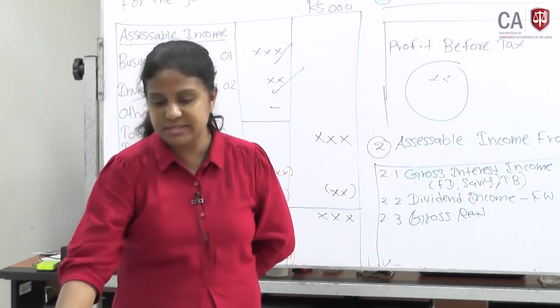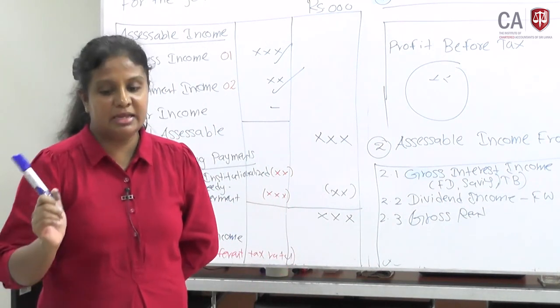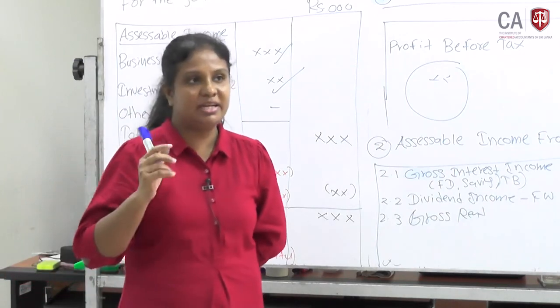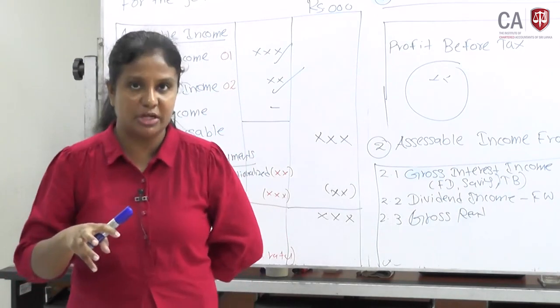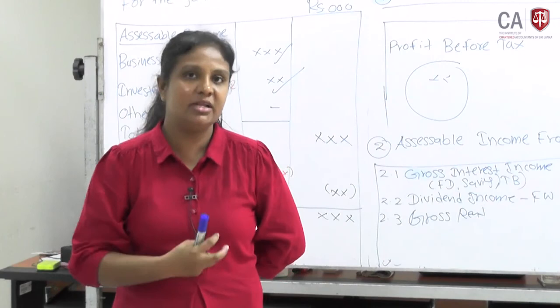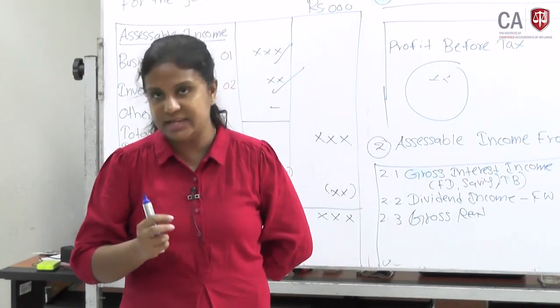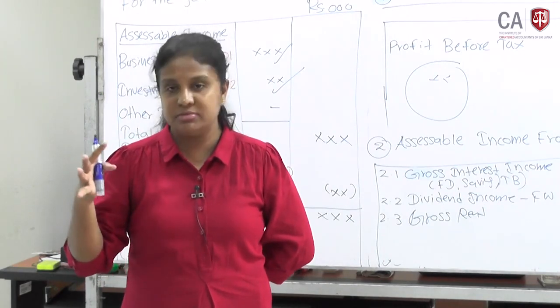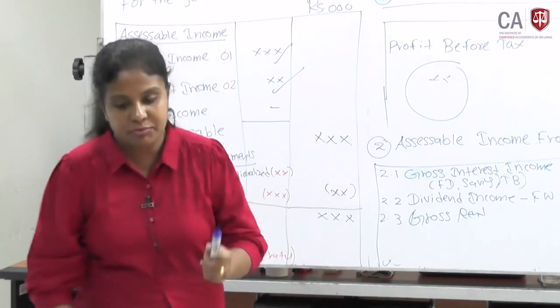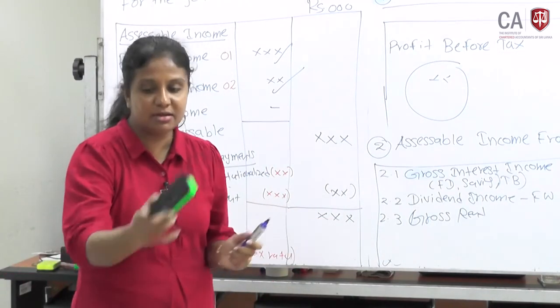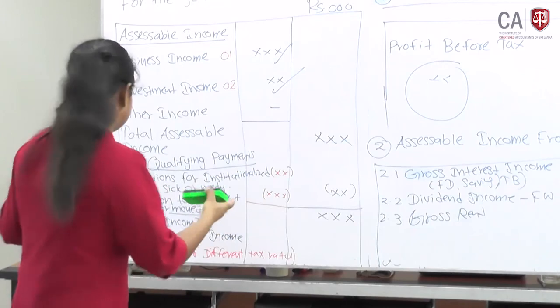Before coming to this adjustment, I need to explain all the adjustments relevant to freehold assets and leasehold assets for tax computation purposes. We will come to that first and after that we will come to this adjustment.